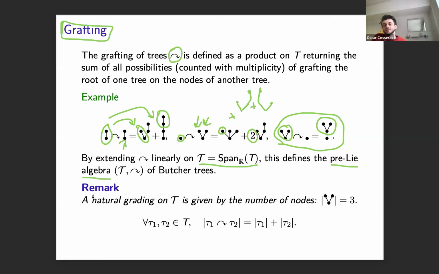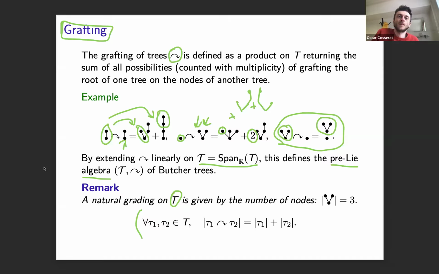You can check afterwards on the internet, but it's not central in this talk. Another remark is that a natural grading on the vector space T is given by the number of nodes, and this grading behaves well with respect to the grafting.